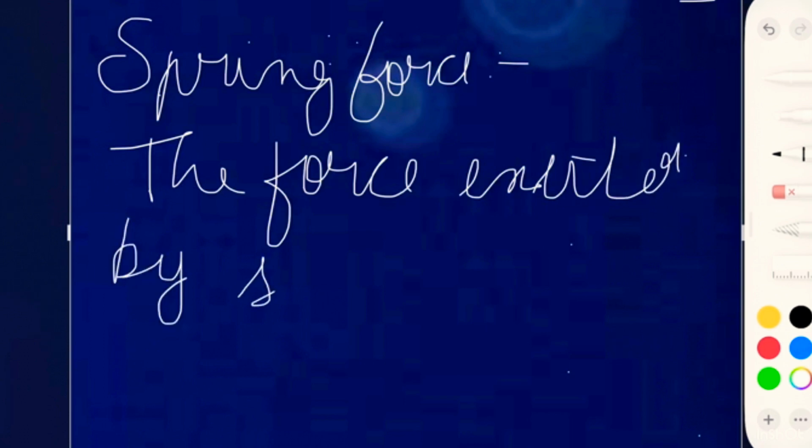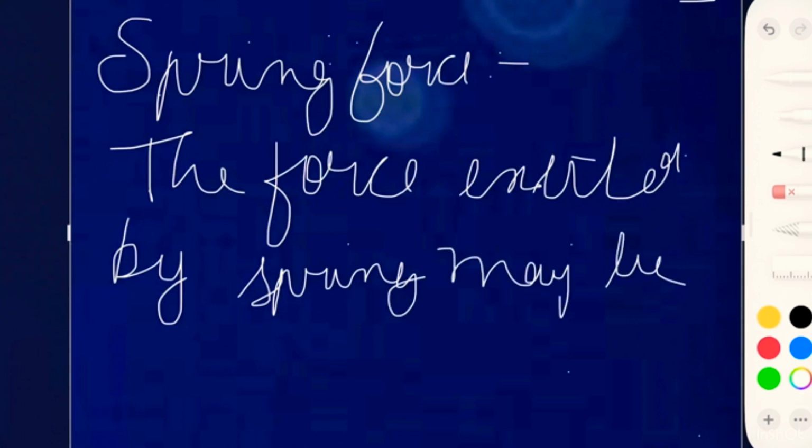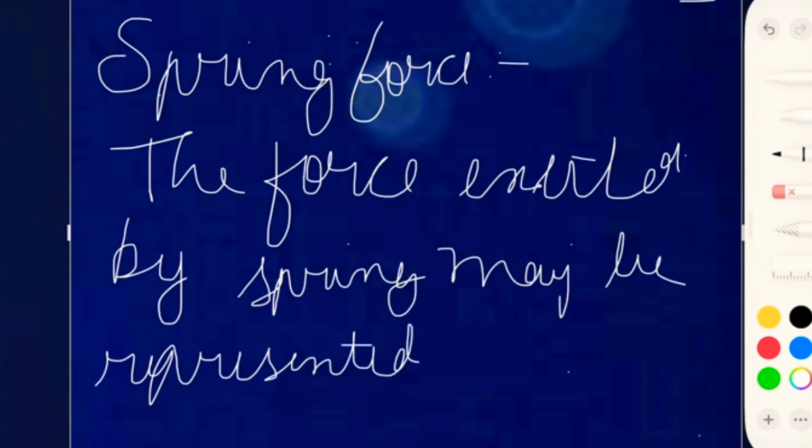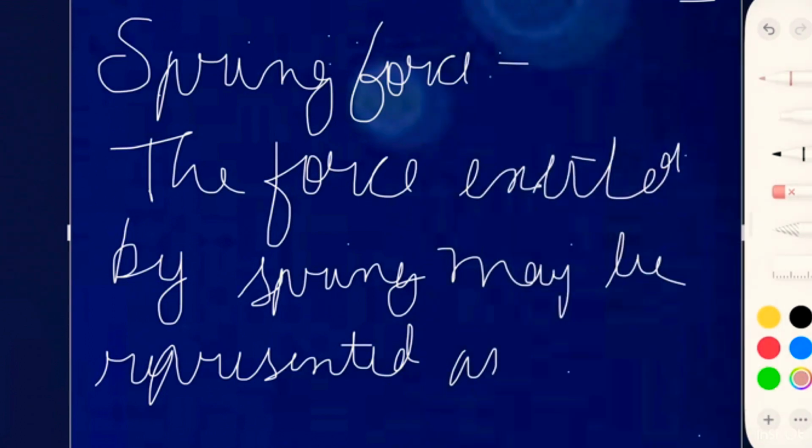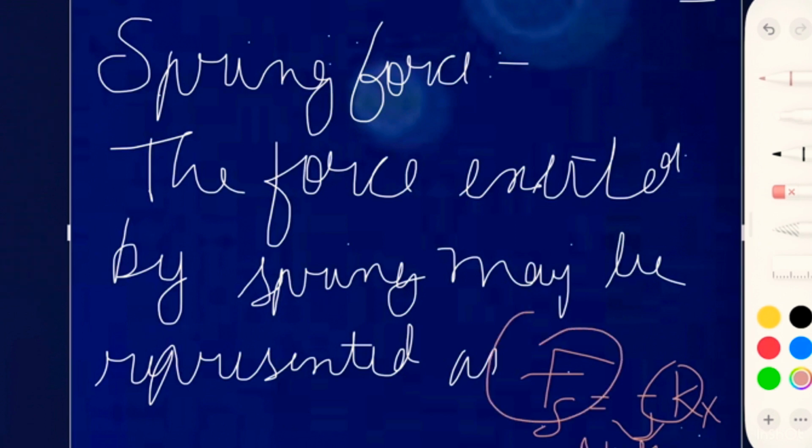The force exerted by a spring may be represented as F is equal to minus kx, and this is so important. Here x is the length, and k is the spring constant.